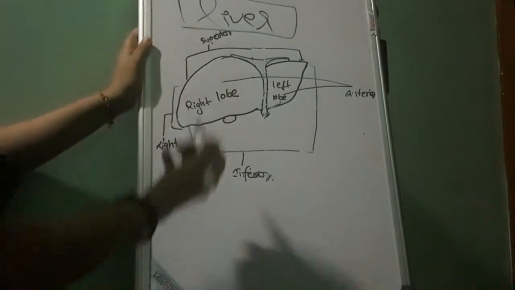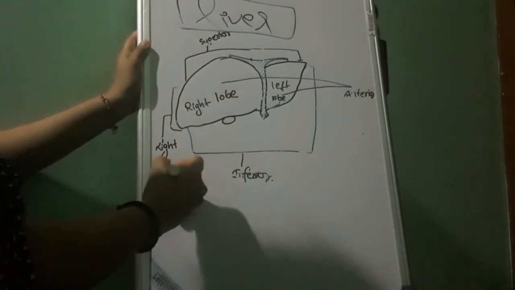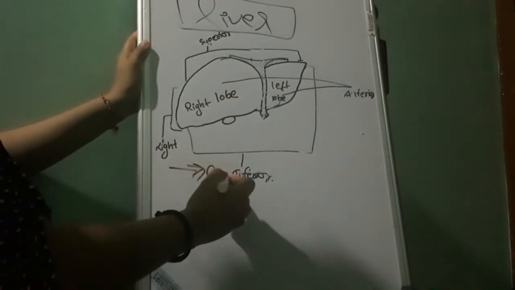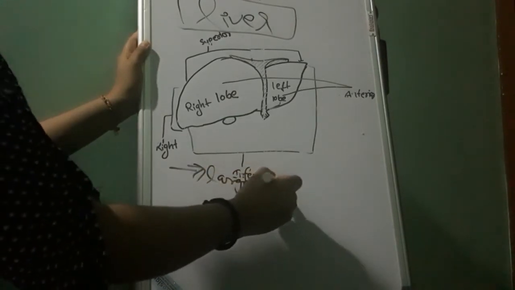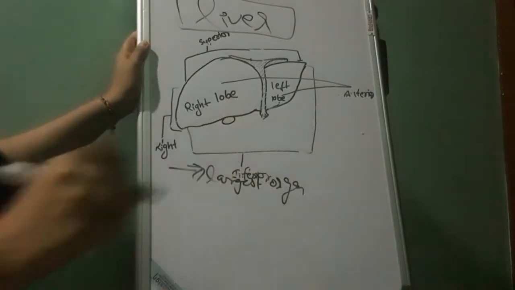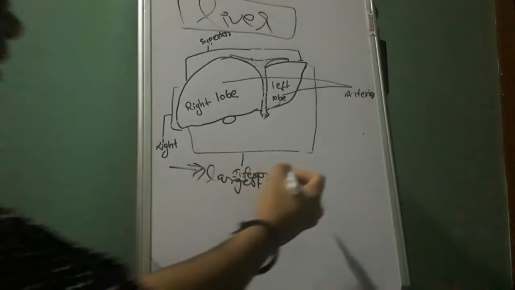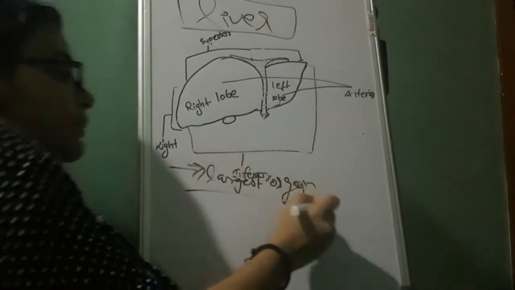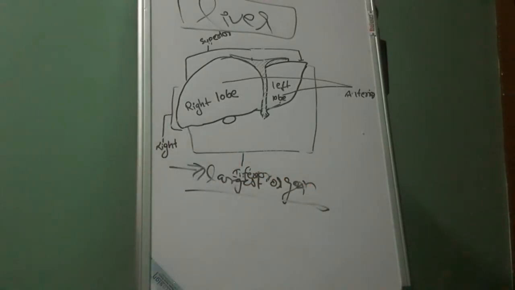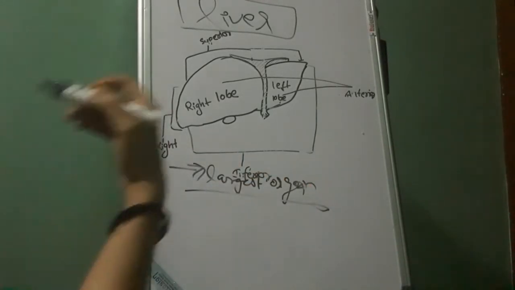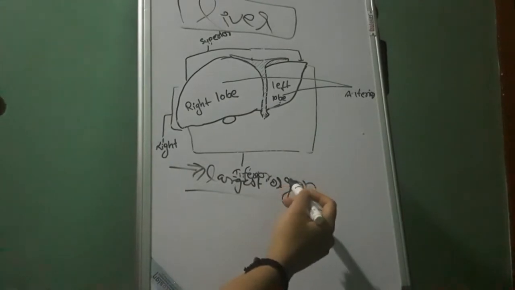The first thing that you have to remember about the liver is that it is one of the largest organs of the body. So this is what you should never forget about the liver. The next thing you should know is how much it weighs.